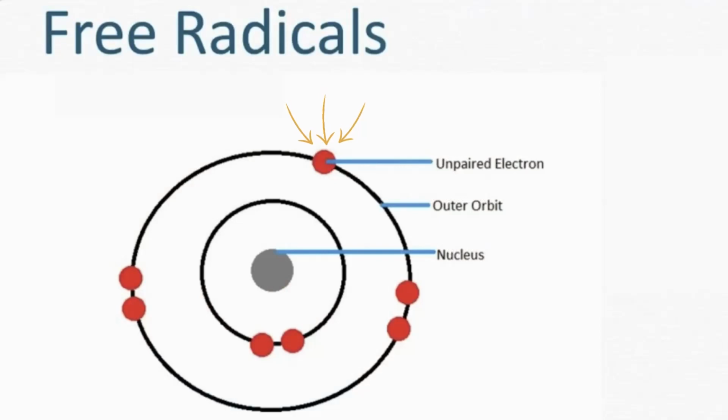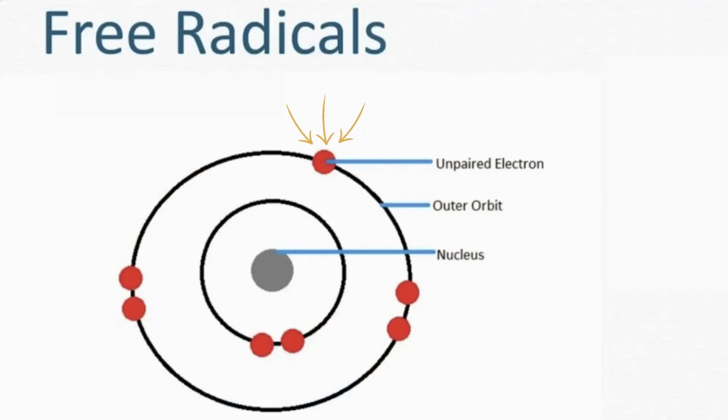So now you're likely wondering what in the world is a free radical? Well, in simple terms, a free radical is a molecule that has an unpaired electron. And electrons usually come in pairs, but sometimes a molecule can lose one of its electrons, leaving it with an unpaired electron. And this makes the molecule highly reactive because it wants to be paired up.